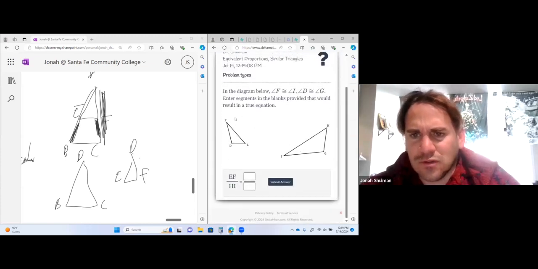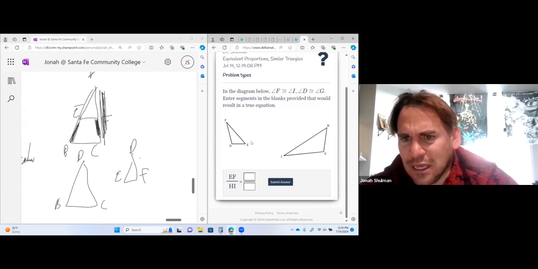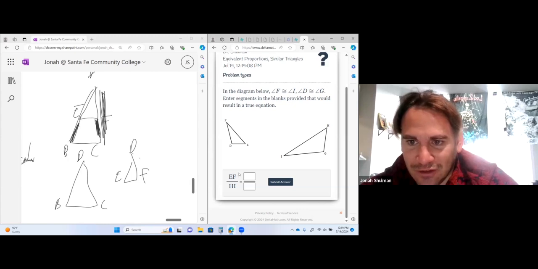Wild, okay. So they're saying this means congruent, this means equal in size and shape. So F matches to I. So F goes to I and D goes to G. So this means EF has to match to HI. Oh, sorry, they're saying EF to HI. EF matches to HI.